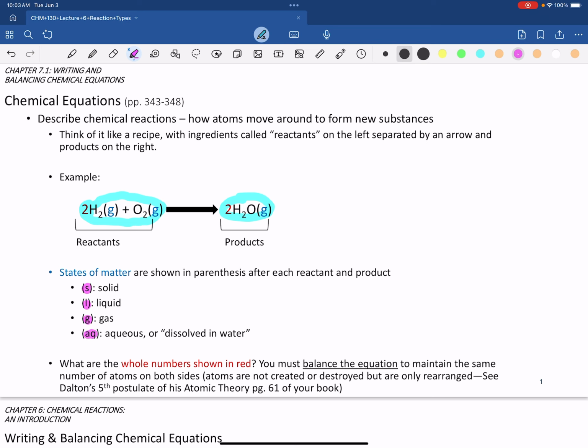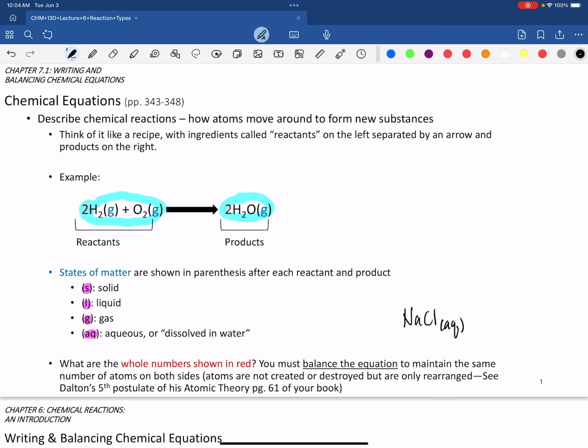And aqueous means that that substance is dissolved in water. So for example, if I have NaCl aqueous, that means that my NaCl or table salt is dissolved in water. So that just basically means I've taken some salt and I've dissolved it in water, and water is a solvent that basically allows me to do the reaction in a liquid form.